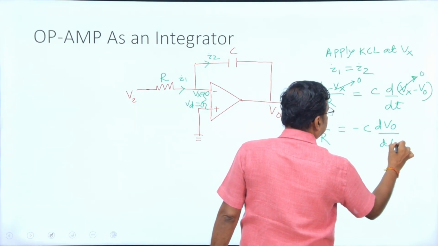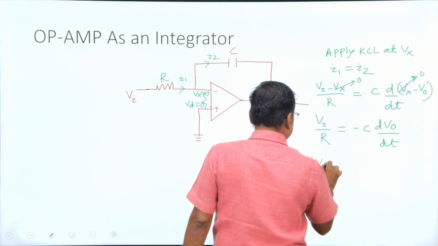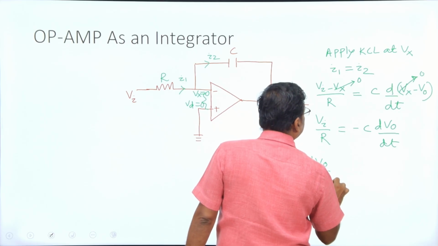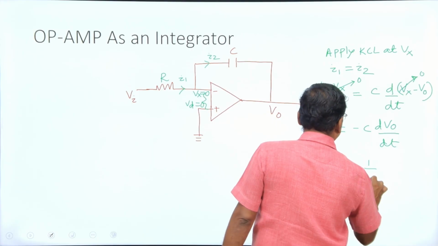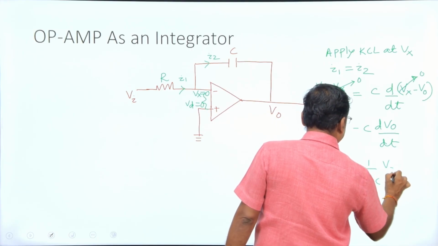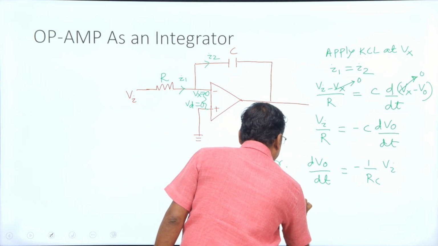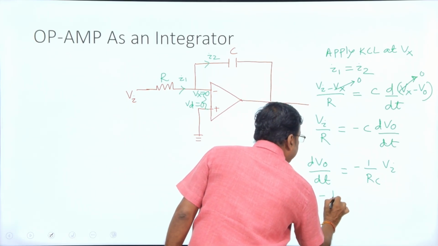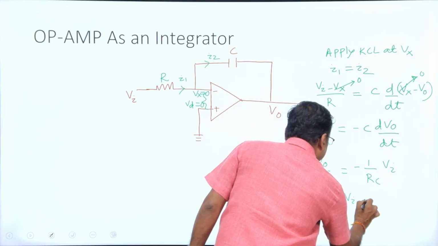So dV0 by dt equals minus 1 by RC into Vi. Multiplying by dt, dV0 equals minus 1 by RC into Vi into dt.